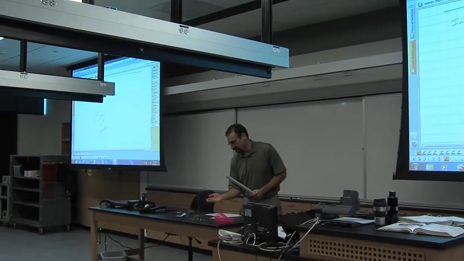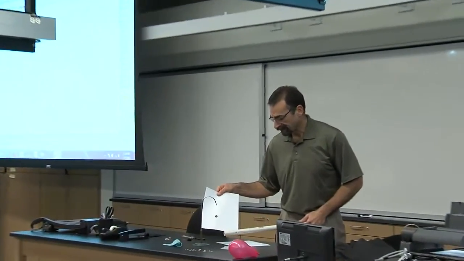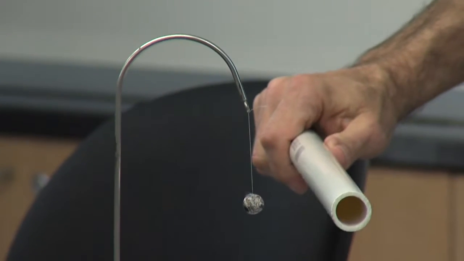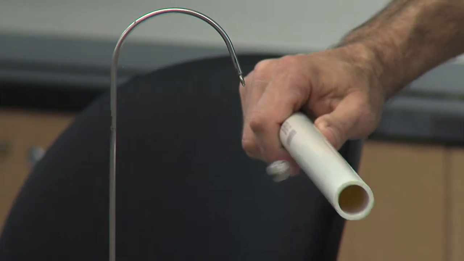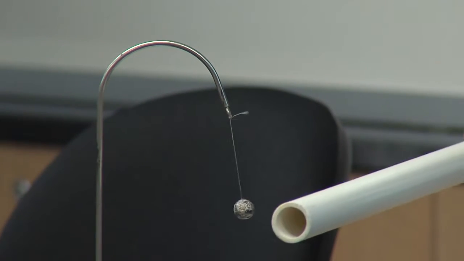Here's my conductive ball right here. And I'm going to touch it, make sure it's not charged. I'm grounding it. Okay, now I will charge up my PVC. And let's see if we can get a... is it leaning? Oh! I think it got attracted. Did you see that?